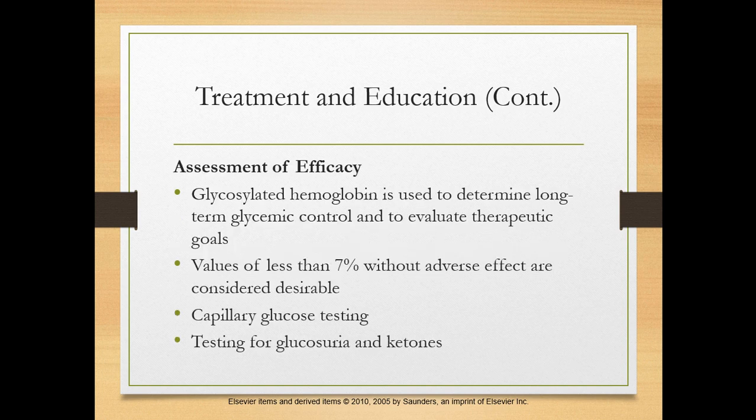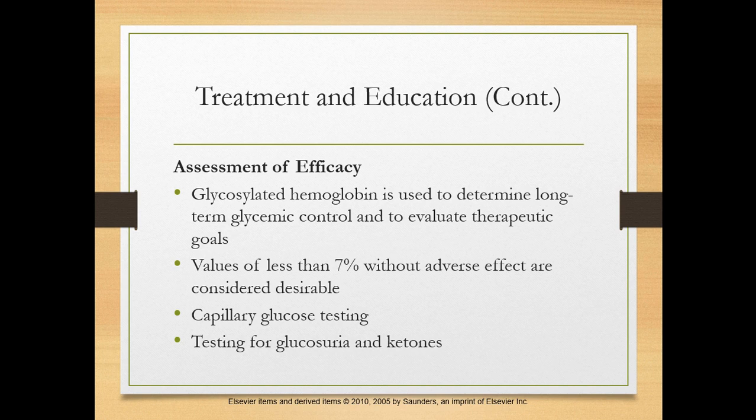Then assessment of efficacy is when we use glycosylated hemoglobin to determine long-term glycemic control and to evaluate therapeutic goals. I would know this. This is the major test used, especially when we're trying to assess a person that is pre-diabetic or diabetic, looking at the blood work we call HbA1c.